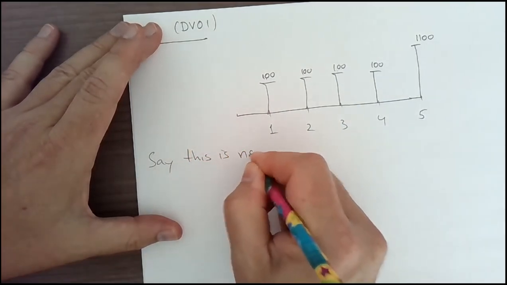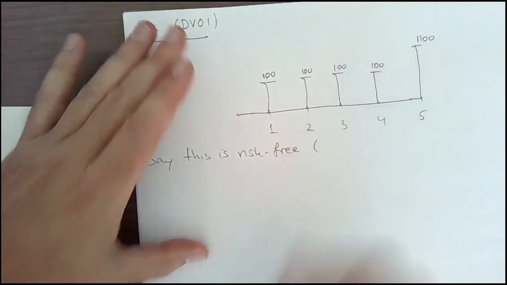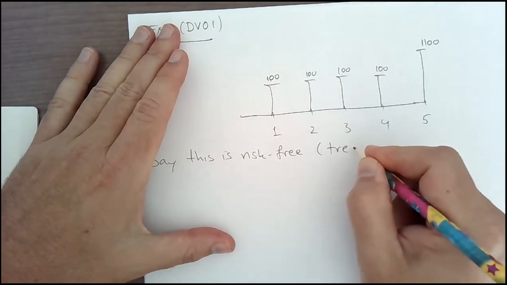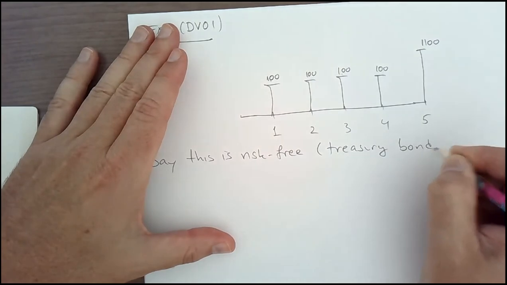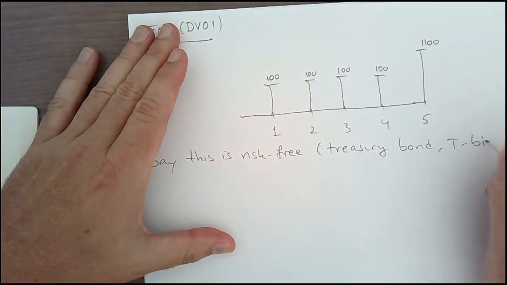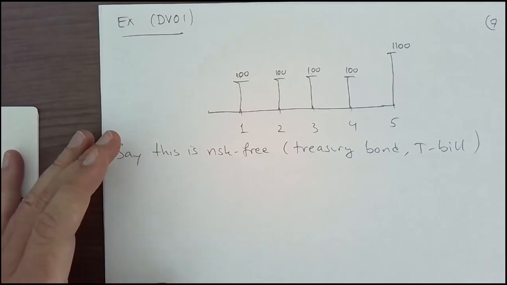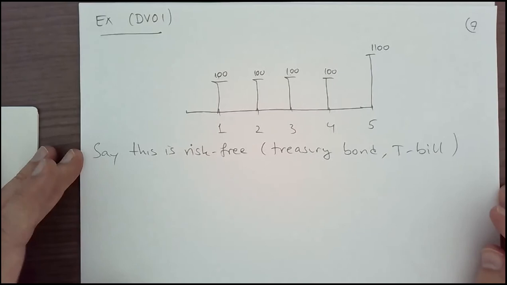So in the US, what that means is this is issued by the Treasury. Some people also call it a T-bill. The idea is that the Treasury in the US cannot default.